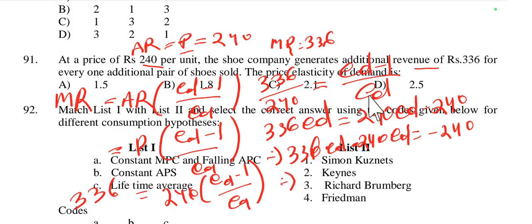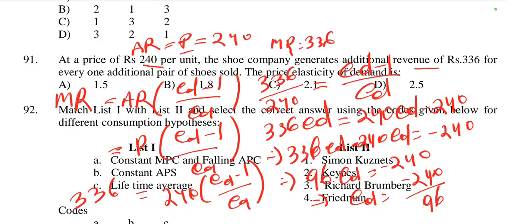Then 336 minus 240 is equal to 96. 96 ED is equal to minus 240. This implies ED is equal to minus 240 by 96. If we divide this value, the value is equal to 5 by 2.